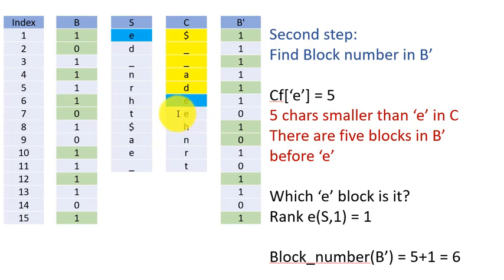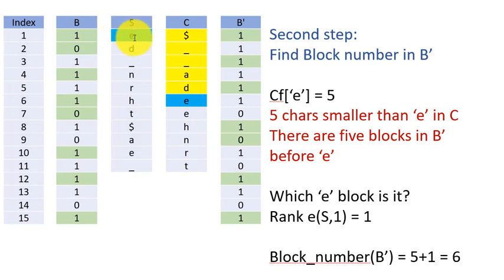So we go to the S column. We need to know how many E blocks we have seen in the S column with the position of block 1, right? With the position of block 1 being here, there's only 1 E here.